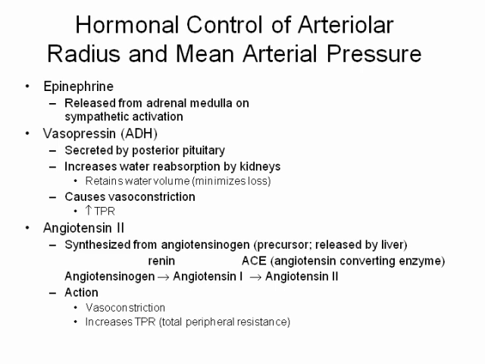Another enzyme, which we abbreviate as ACE, stands for angiotensin converting enzyme, converts angiotensin 1 into angiotensin 2. Angiotensin II causes vasoconstriction. It causes vascular smooth muscle to constrict, which of course is going to increase total peripheral resistance. So these are some of the hormonal extrinsic factors that affect blood pressure.